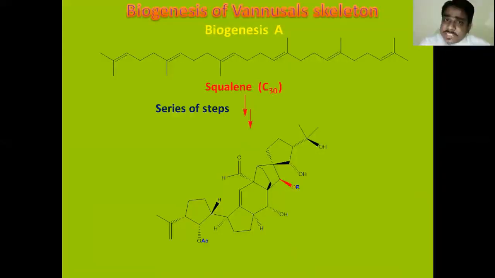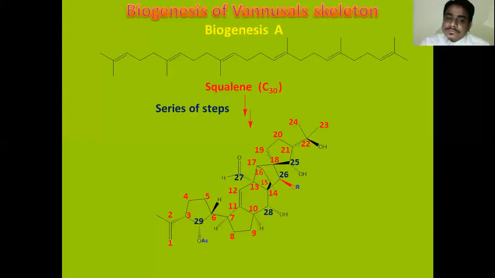Based on this assumption, based on the formation and breaking of bonds in squalene units for the rearrangement and the formation of the Vannusal skeleton, this numbering is proposed. Number 1 carbon, second, it goes on like this. So Vannusal A and B contain 30 carbon atoms. So it is a triterpene.